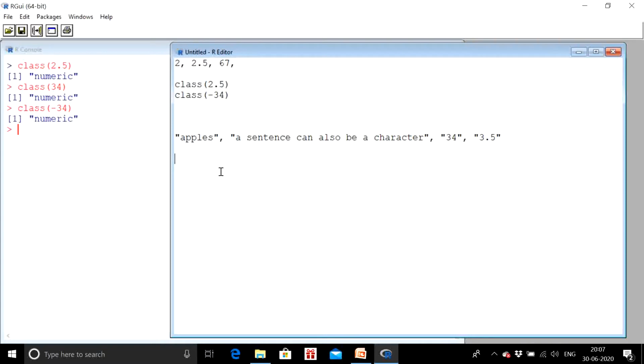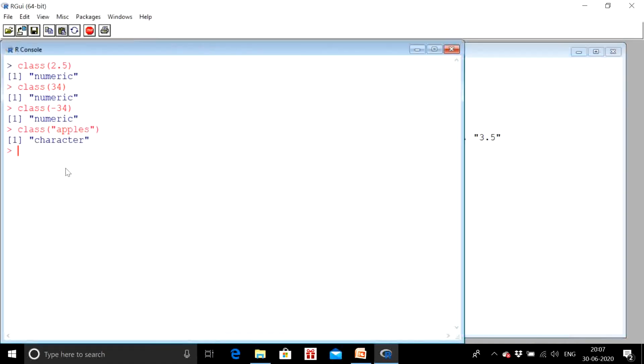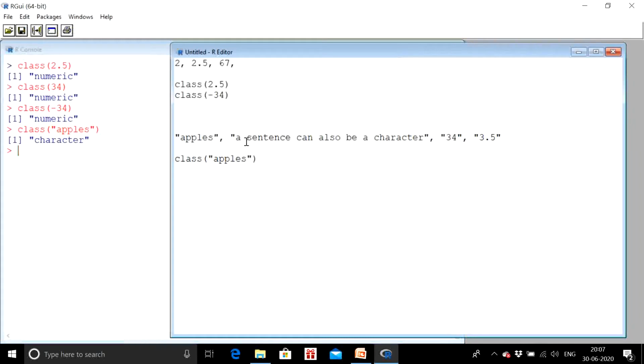Let me show you how. The similar command class, within quotations, apples. See, the class of the data type is character. Let me copy this, Control C, class.